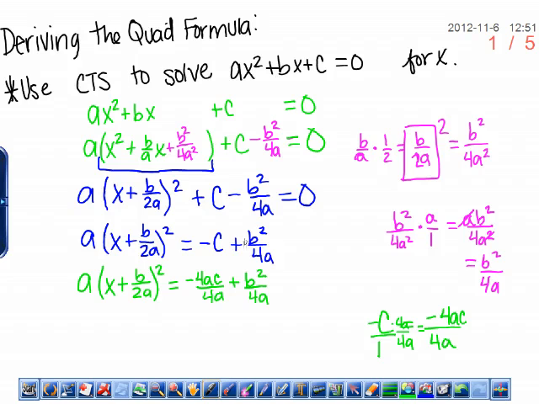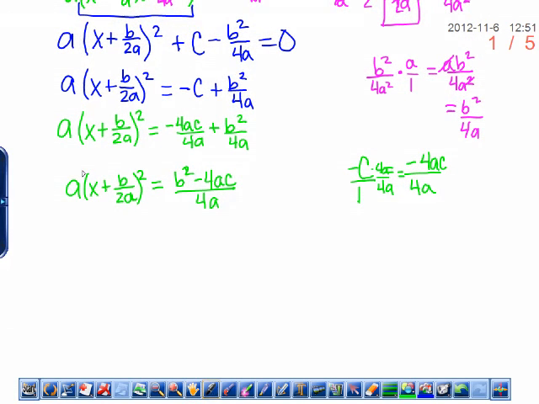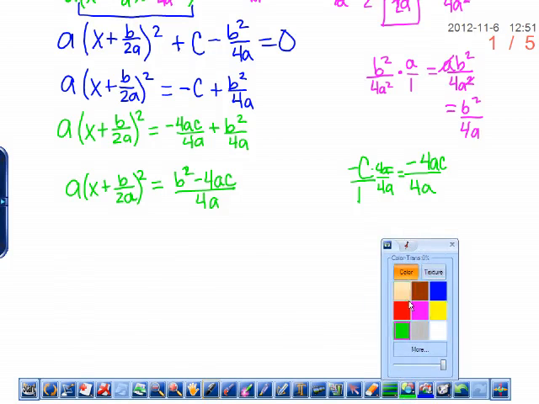Okay, now we can go ahead and combine, right? Yeah, what's that numerator going to become? Could I write it as b squared minus 4ac over what? Over 4a. Great. All right. What do you think our next step's going to be? Now I'm trying to get x by itself. Divide by a.